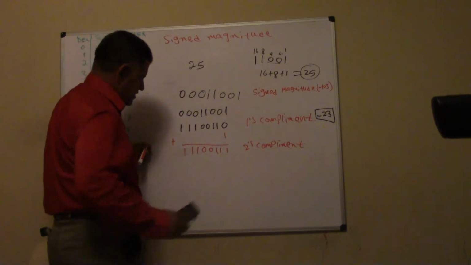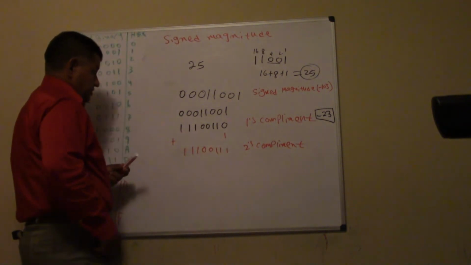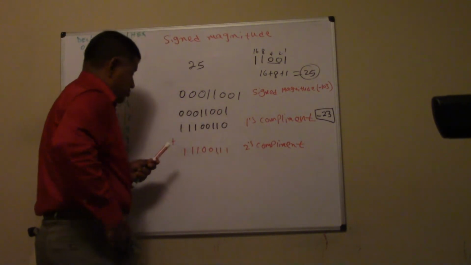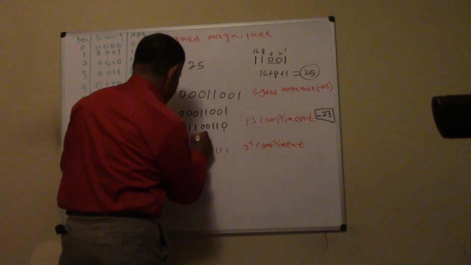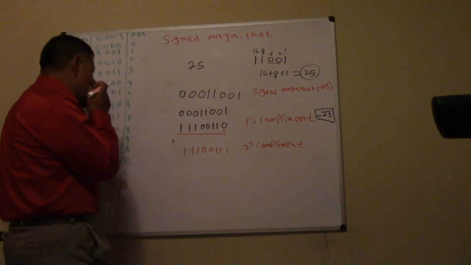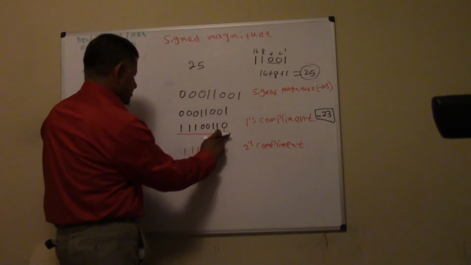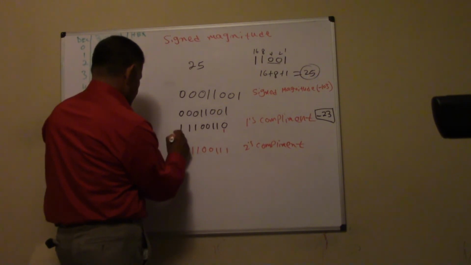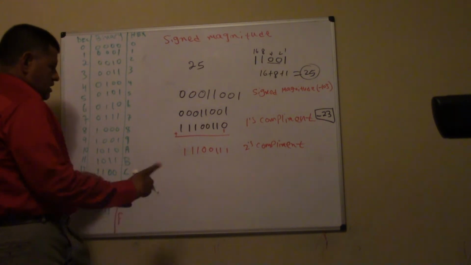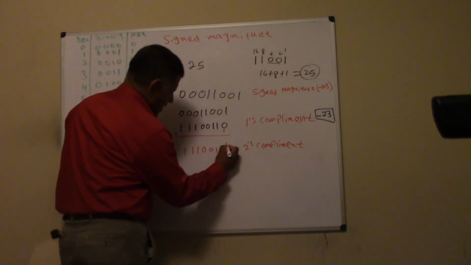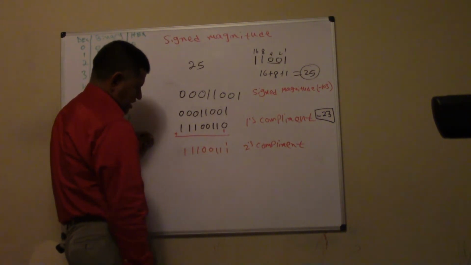So, let me just move this one up a little bit, and let me put that line right there. Okay, let's do it. We got 1. That's a 1, because it's the first 1.